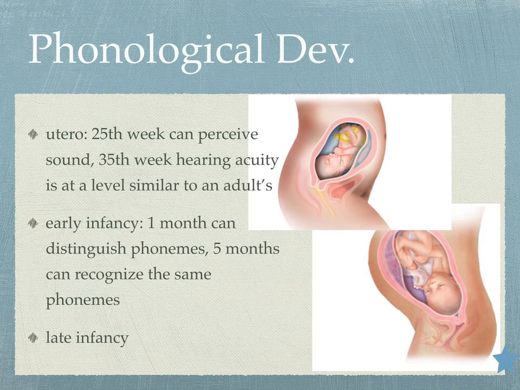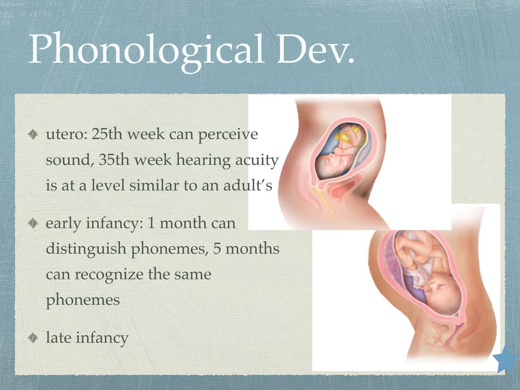By the 55th week in utero, their hearing is at a level similar to an adult's. So they can hear really, really well. And so, you might guard a toddler from the things that they hear. Think about that in a pregnant mama.